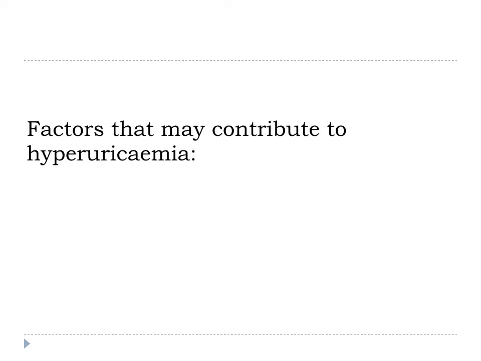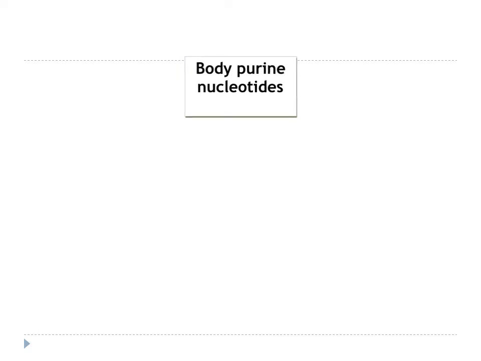What are the main reasons for hyperuricemia? In other words, what are the factors that may contribute to hyperuricemia? Let's come to the sources of purines in the body. Where do purines come from? Purines are nitrogenous bases that are present in the nucleic acids.